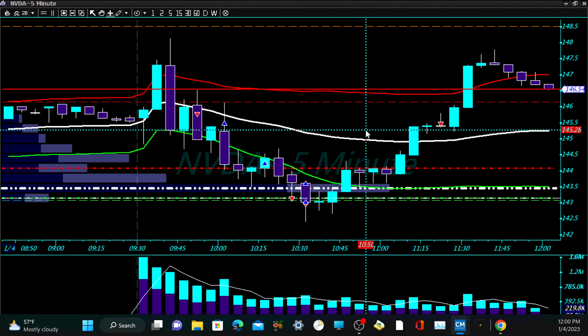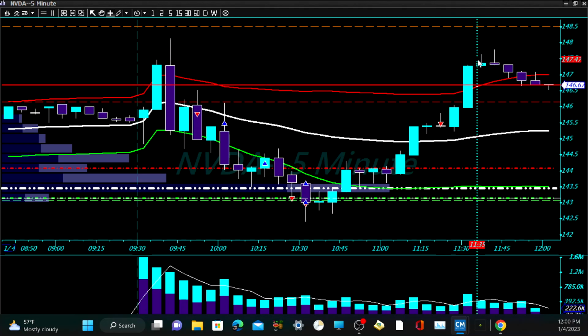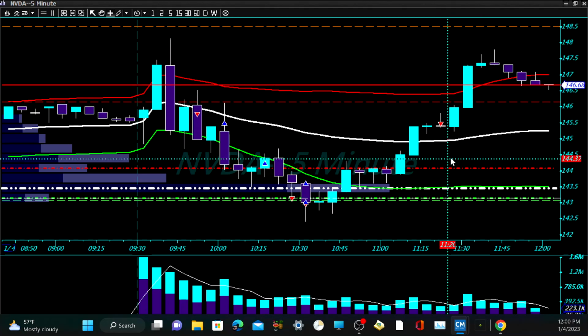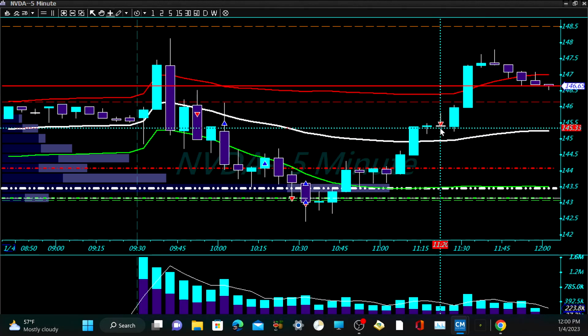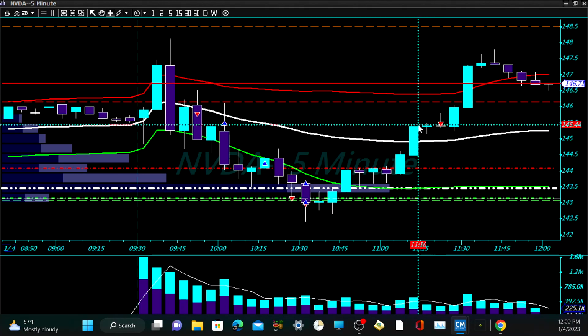The reason I really took this off here, because you see price went higher, I was trying to get to like 147.50. This was actually my target. But I started seeing a lot of bids coming in on the tape, looking at the time and sales, and then you see this wick rejection right here, I decided, you know what?